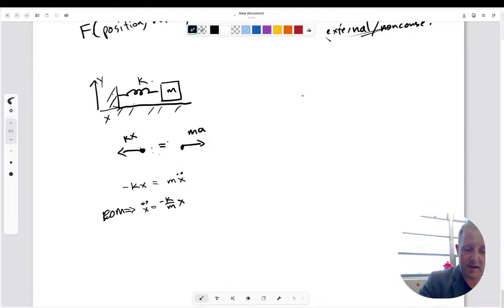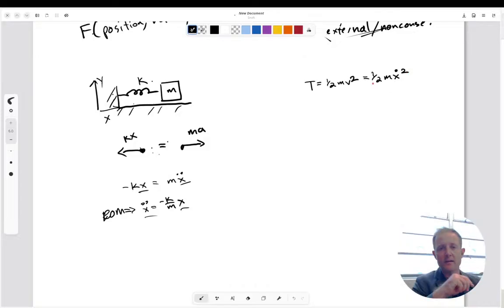Versus in my Lagrange approach, I ask what is my kinetic energy? It's going to be 1/2 mv squared, and since I'm describing everything in terms of x, that's 1/2 m x dot squared.